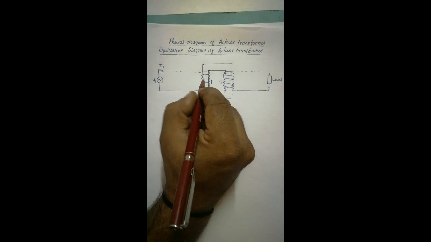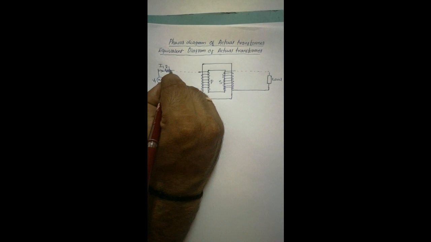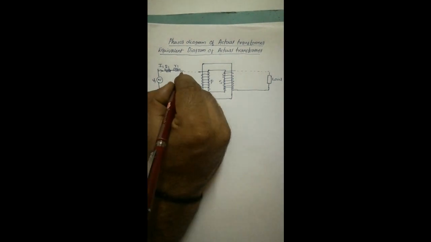That means the resistance of this coil we represent as R1 and the reactance of this coil as X1. Now again this is I1.